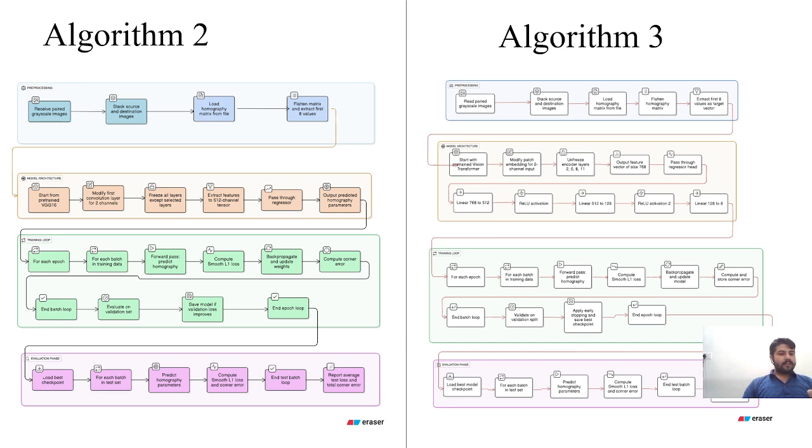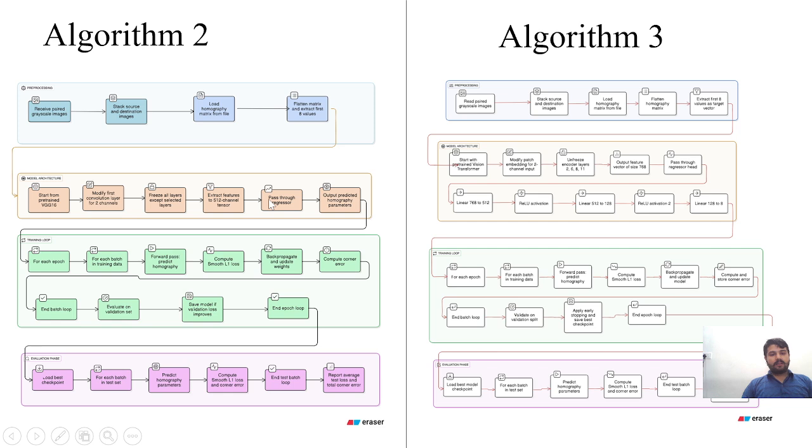So I stack the images, convert them to 2 channels and pass them through the convolutional layers. I modify the first convolution layer to accept 2 channels. Then I keep the rest of the convolution layers as they are and freeze all the layers except the selected layers. I keep trainable the layers that are in the last convolution block. Then I extract the features into a 1-channel tensor and pass it through the regressor.